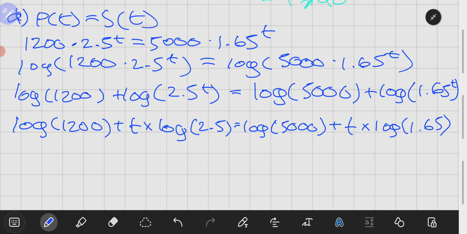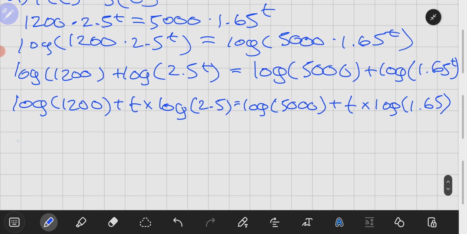Then if we rearrange our values to bring both of our T's to one side, we get T times log of 2.5 minus T times log of 1.65.